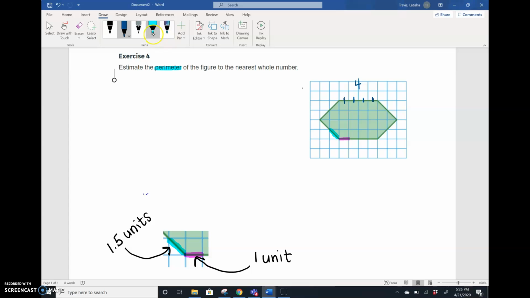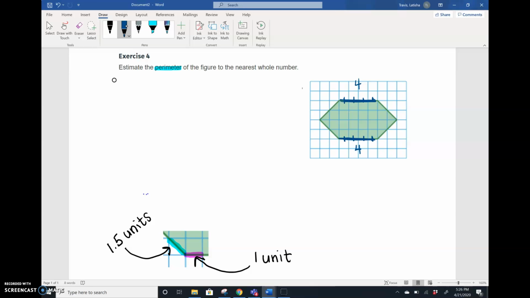Then down here, I'll count how many lengths that run along the grid I have at the bottom. It's going to be 1, 2, 3, 4 units on the bottom. So we have 4 up here, and a length of 4 down here.